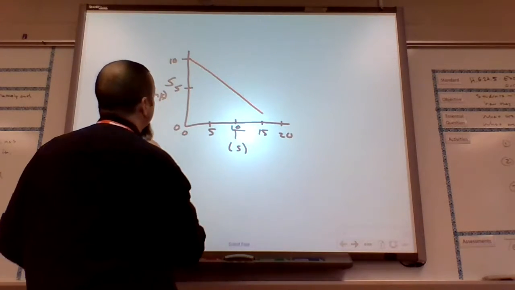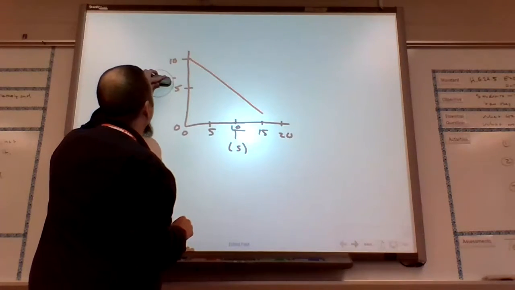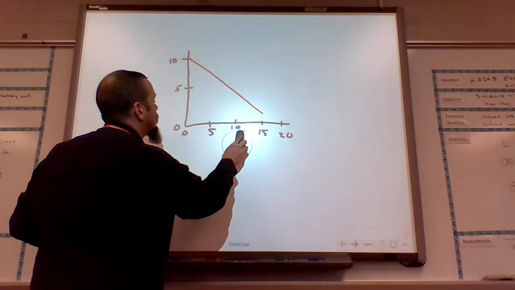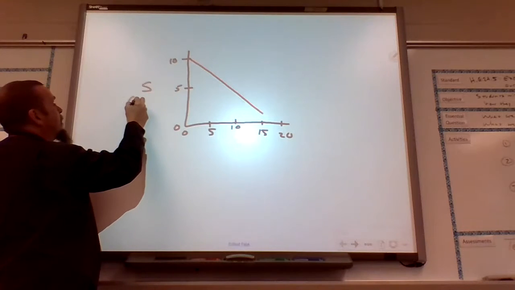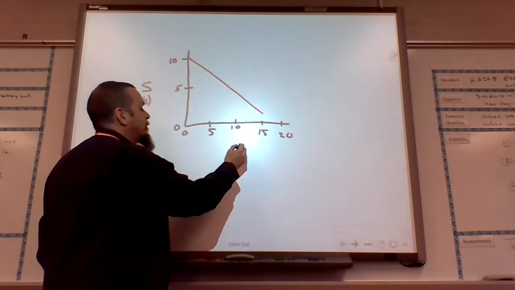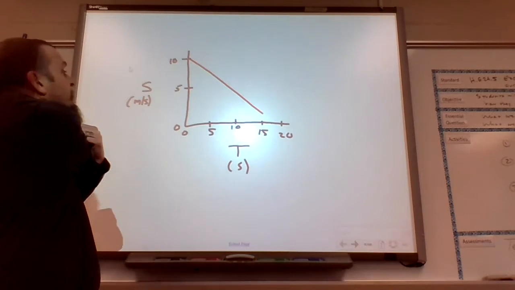So I put some numbers and I put some units over here on my axes. Let me move this a little bit, make it easier to see. So still dealing with speed over here. I'm going to say my speeds are in meters per second. Still dealing with time over here. I'm going to say my times are in seconds.